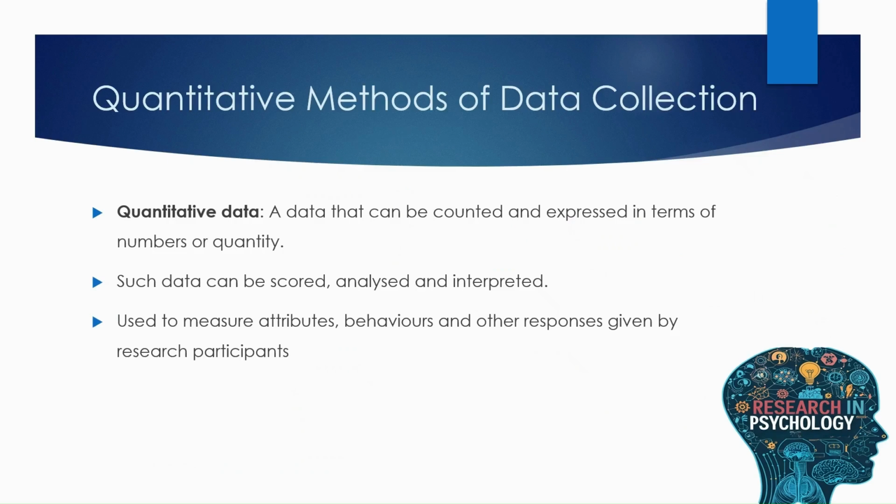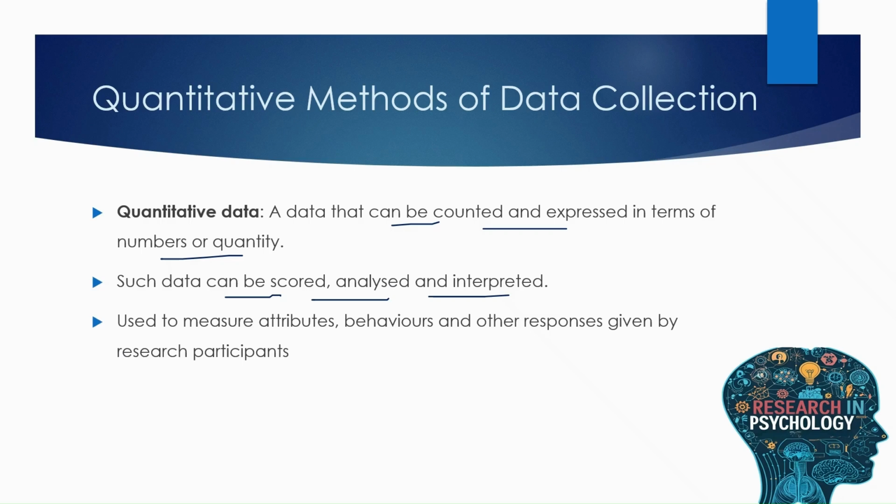Quantitative data is any data that can be counted and expressed in terms of numbers or quantity. Such data can be scored, analyzed and interpreted. The biggest advantage of having quantitative data is that we can perform statistical analysis on that data. It gives us a better idea about the validity and reliability of the results.